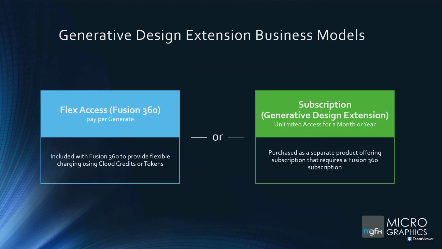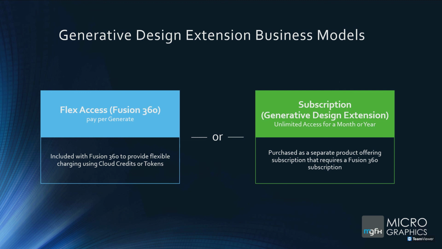So the idea here is that there are 2 different business models. Fusion 360 extensions are available in those 2 models. There's the Flex Access model, which is pay-per-generate using Autodesk Cloud credits or tokens. If you're looking at just generative design on its own, you're basically using Flex Access, paying per model that you generate.